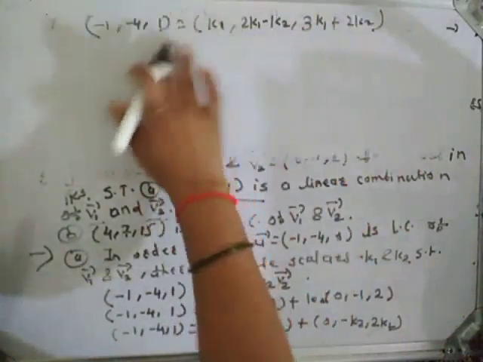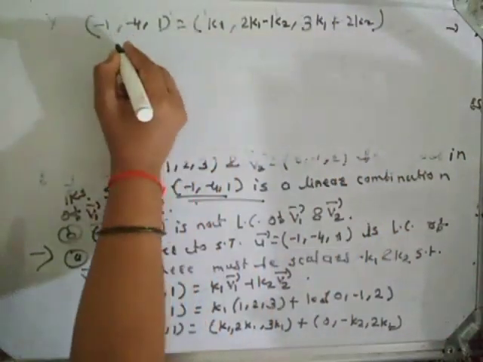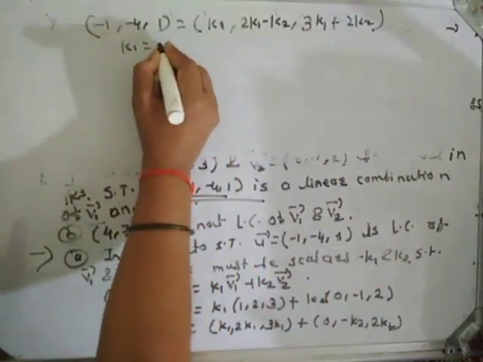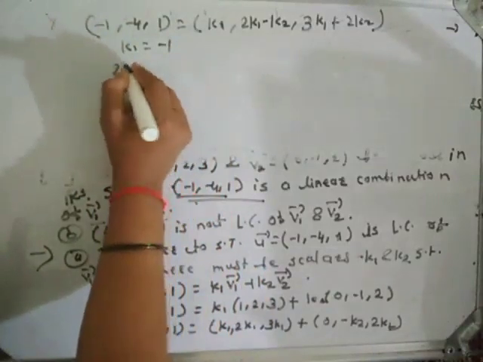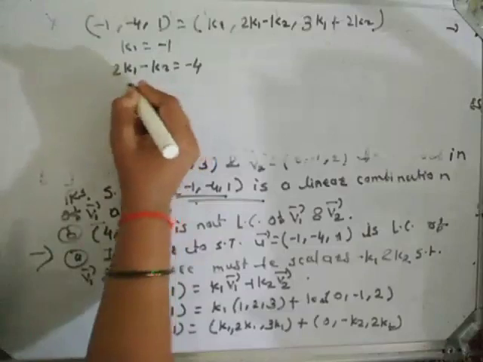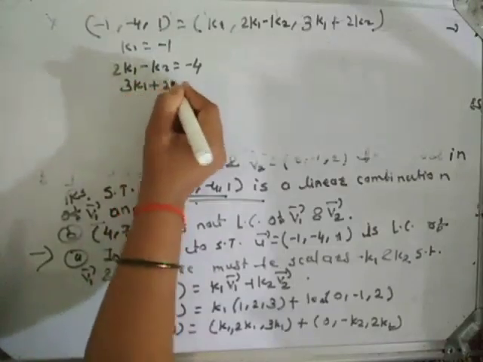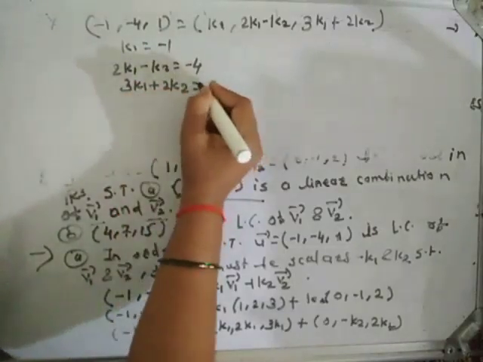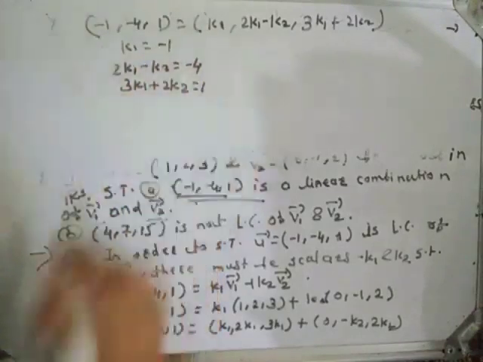Students, see here, these two vectors are the same, means corresponding components are equal. So K1 is equal to -1, 2K1 minus K2 is equal to -4, 3K1 plus 2K2 is equal to 1. Okay.